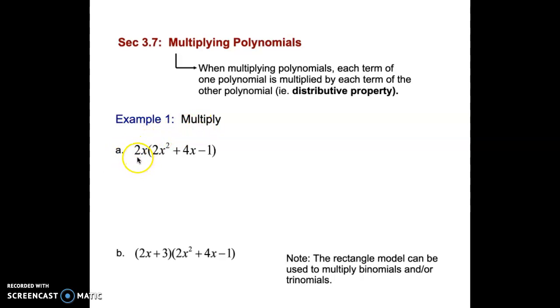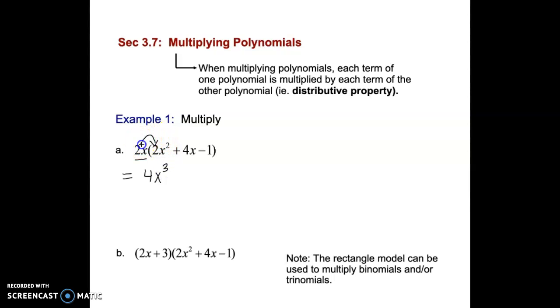In A here we have 2x, and inside the bracket we have 2x squared plus 4x minus 1. We're going to take that 2x and multiply it by every term in this trinomial. First, 2x multiplied by 2x squared leaves us with 4x cubed.